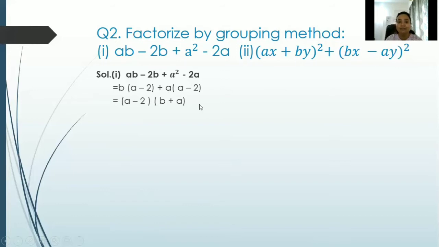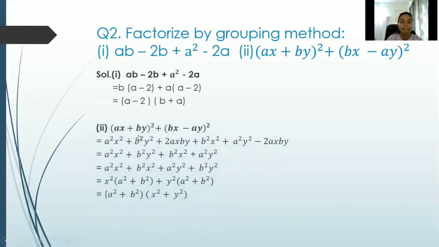Now see the second one. Ax plus by to the whole square plus bx minus ay to the whole square, right? Now look at this. I am opening them as per the identity a plus b whole square.